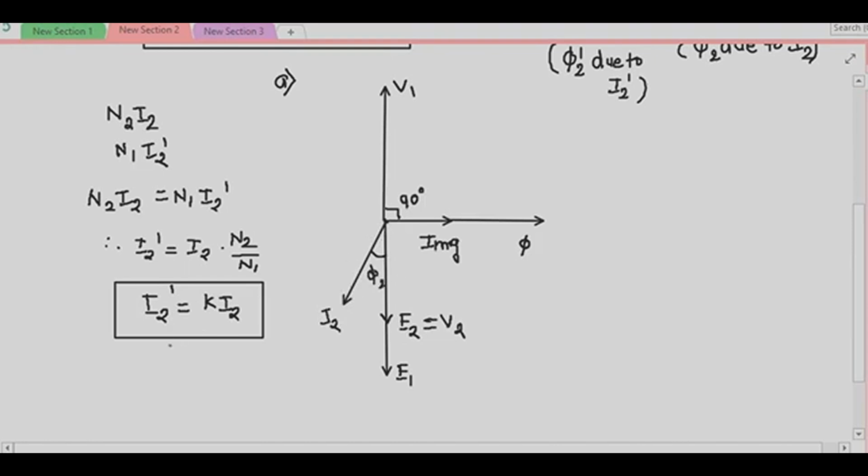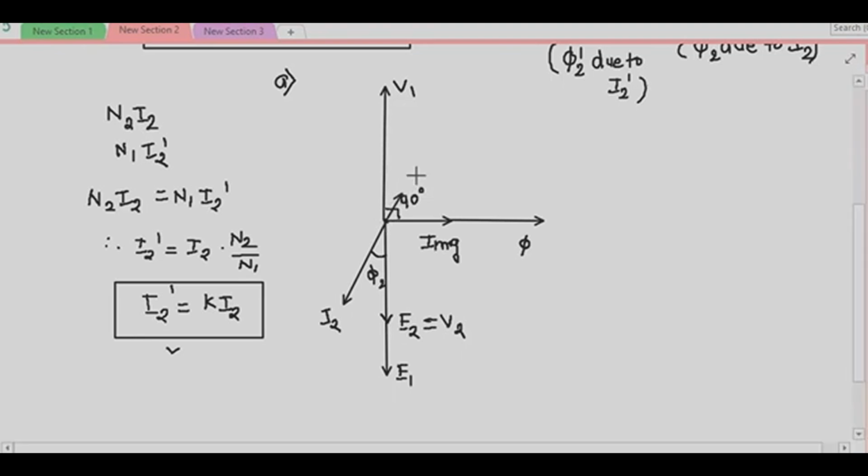Okay. Now, from this equation, what have we said? The load component which is drawn by the primary current to overcome the demagnetizing effect of your load current I2: the primary will draw some extra amount of current from the supply to satisfy the load requirement. And this current is in phase opposition with I2.